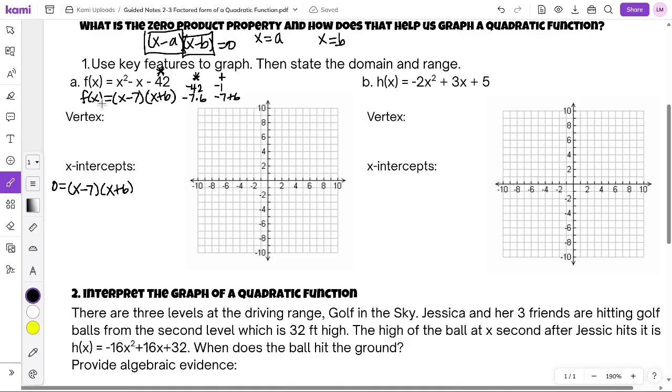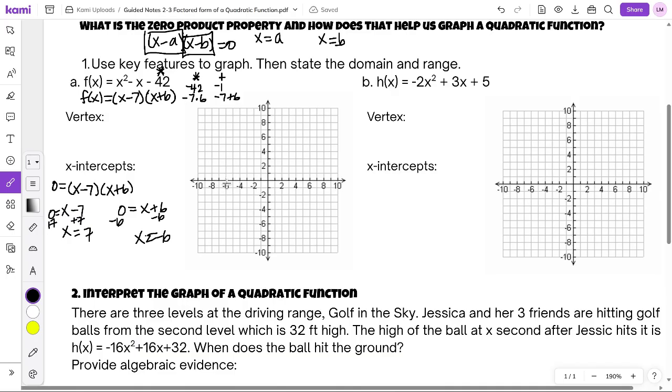Remember, f of x is just fancy y. So I'm going to plug in 0 for y and solve. So the zero product property says set each factor equal to 0. So I'm going to add 7 to both sides, and I get x equals 7. And then subtract 6 on this one from both sides, and I get x equals negative 6.